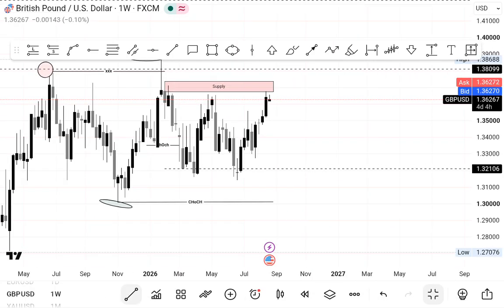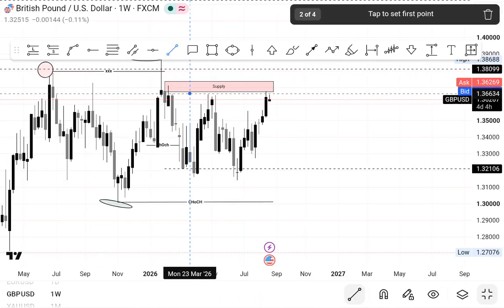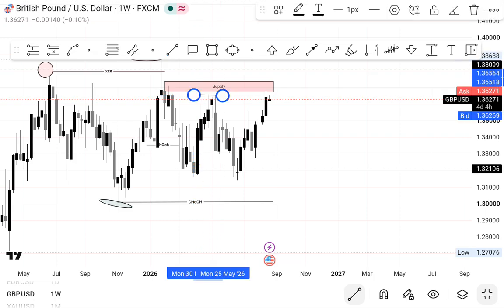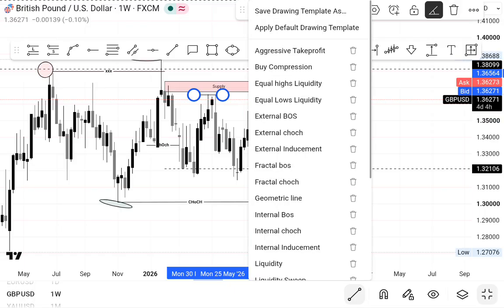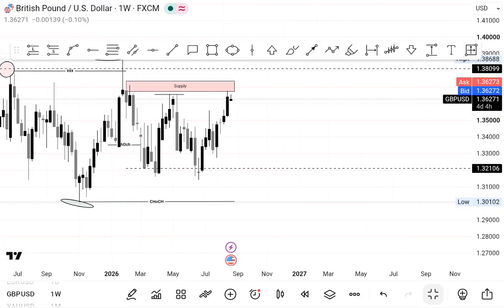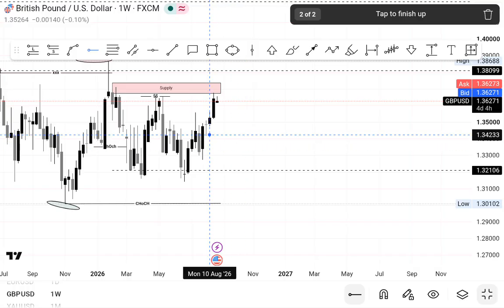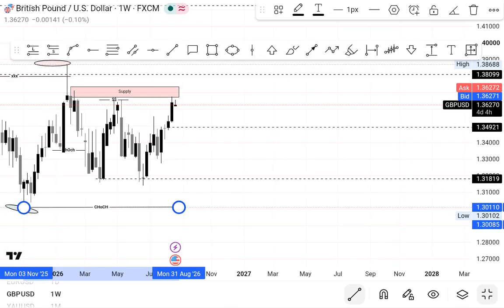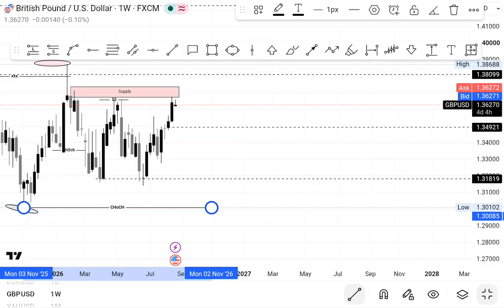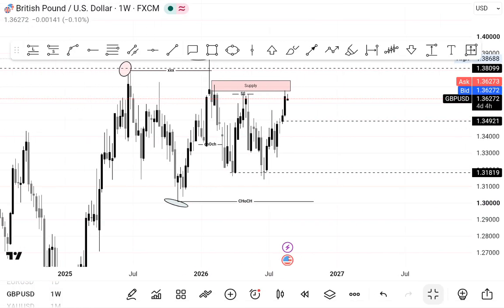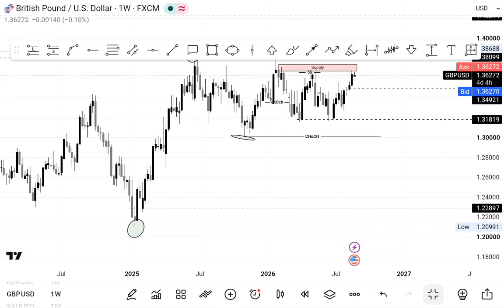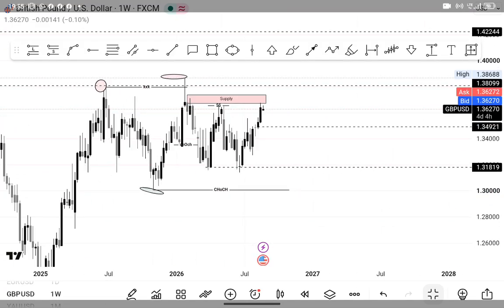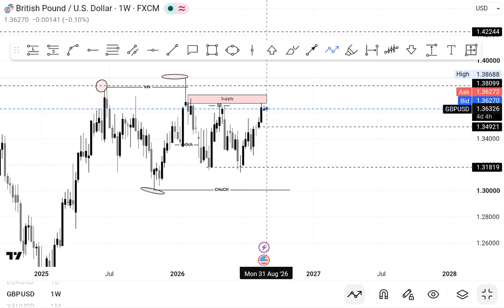So if you look at this, you can see we had liquidity here, and that liquidity was taken out into our POI. So from our POI, I'll be looking for price to take out that level and this one and change character if they are willing to change character, because otherwise we are simply moving in a range.